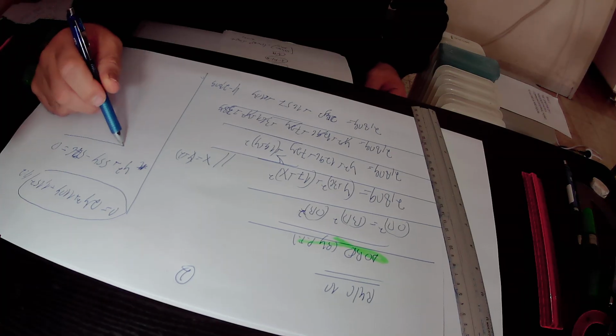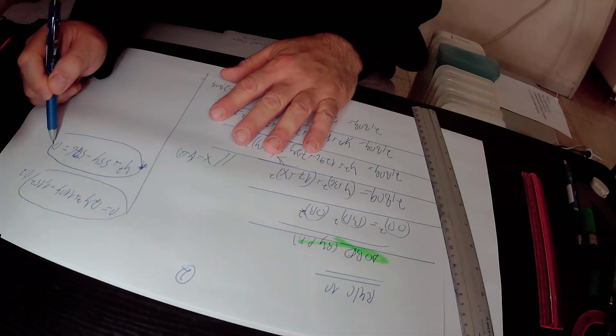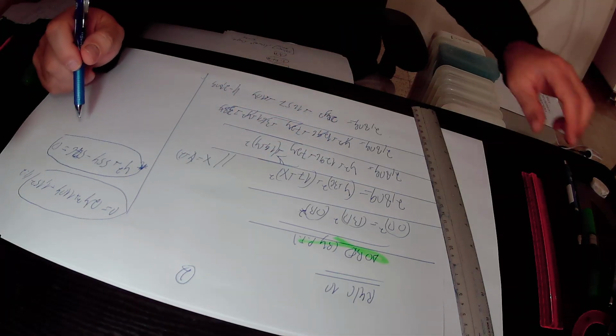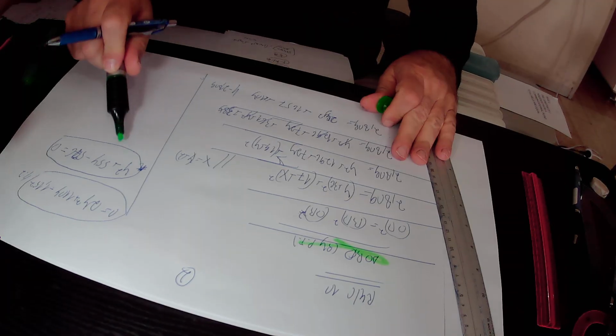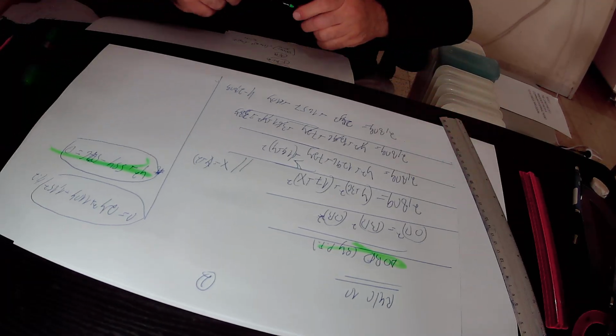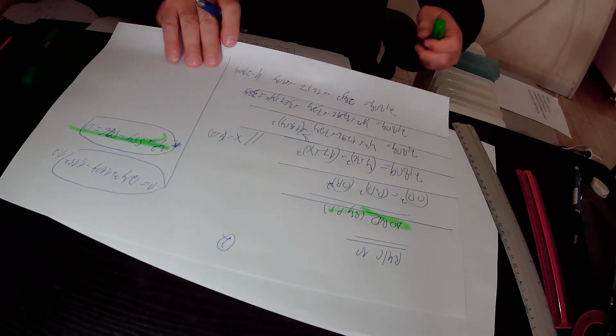So in total, we found out y squared plus 55y minus 576 equals 0. So this is a quadratic equation. And the general formula for a quadratic equation is as follows.